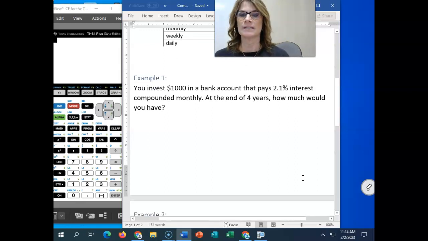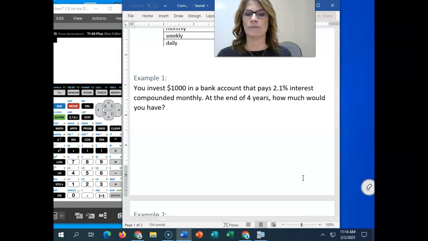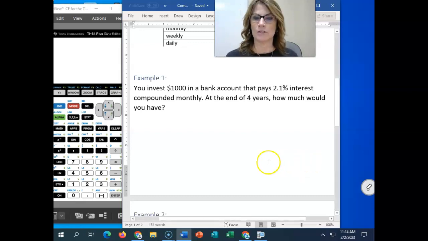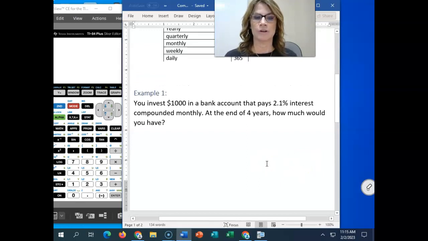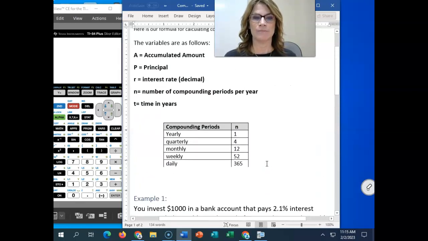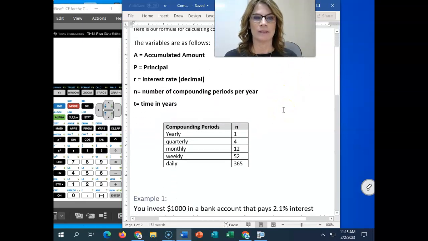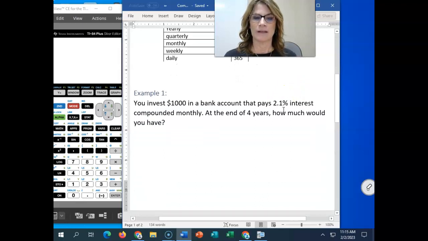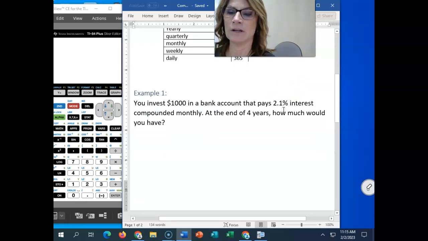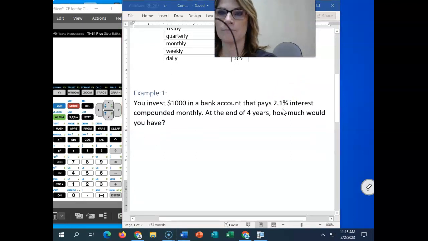Okay, let's say that we invest $100 in the bank, a bank account that pays 2.1% interest compounded monthly. At the end of 4 years, how much would we have? Okay, so we're going to use this formula here. Okay, so let's write down everything we know. What we don't know is the accumulated amount.